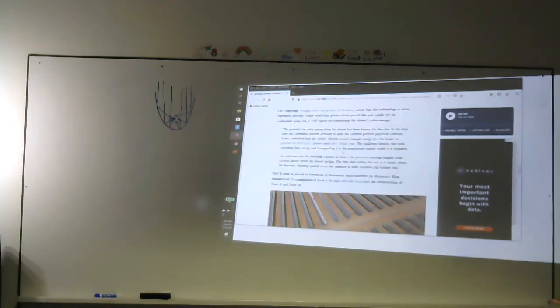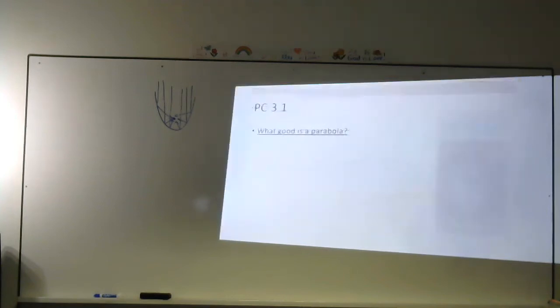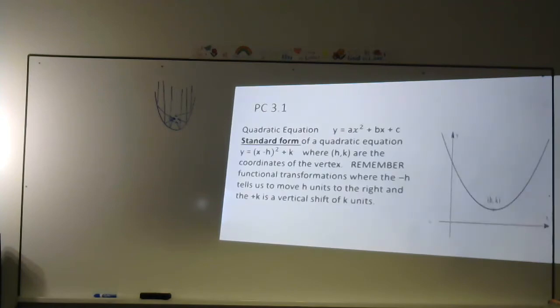And the interesting thing about solar power is that a German physicist, Gerhard Knies, calculated that the world's deserts receive enough energy in just a few hours to provide humanity's power needs for an entire year. Think about that for a second. The deserts receive enough energy in a few hours to provide for humanity's power for an entire year. Okay, very fascinating application of the parabola, and it's well worth studying.